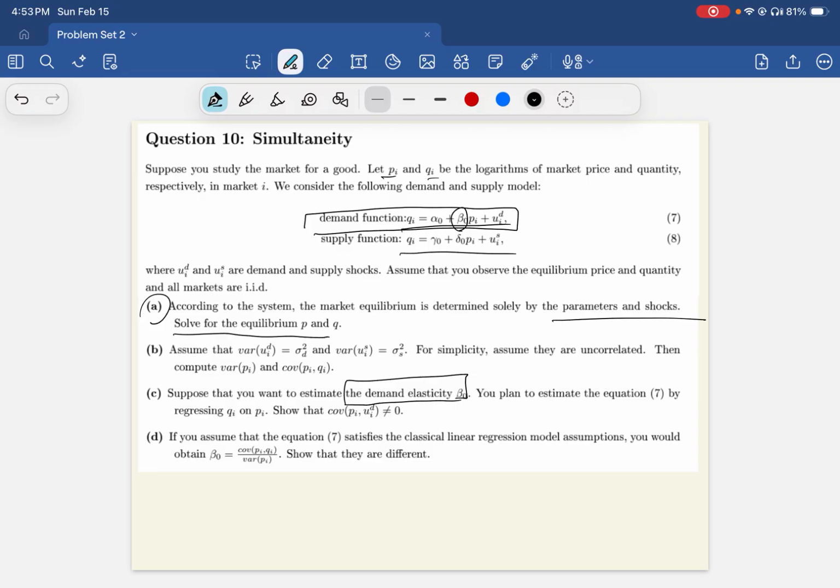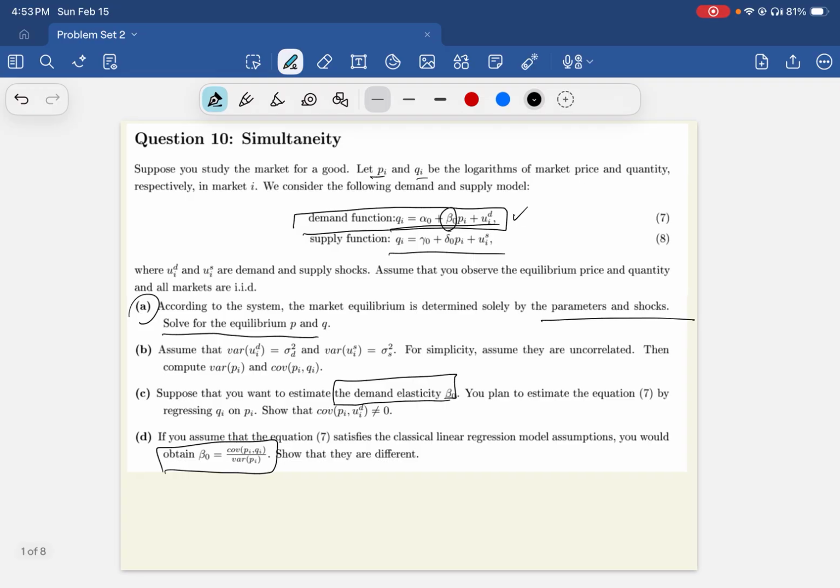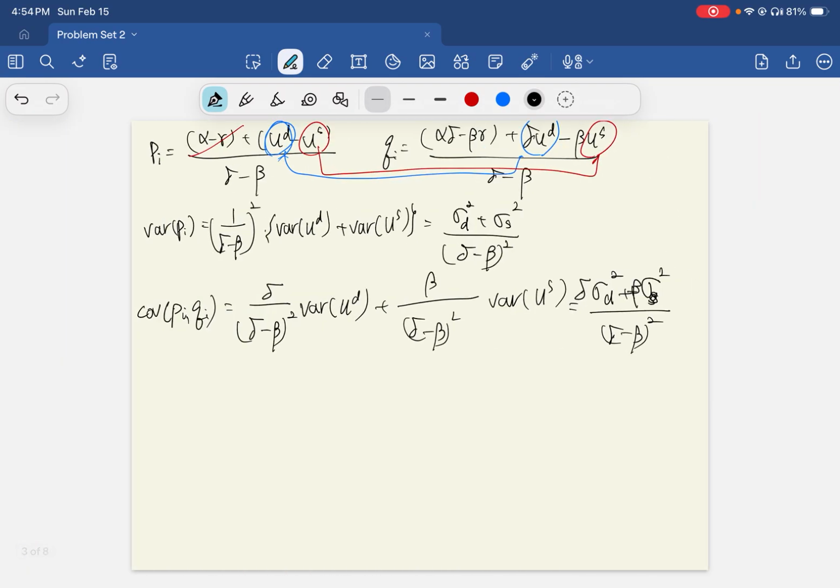Of course not, but if you do that, if you estimate the demand function using the classical linear regression assumptions, then you'll be wrong. If you believe in the classical linear regression assumptions, then you are assuming that beta, the demand function coefficient, equals covariance of PQ over variance of P, right?